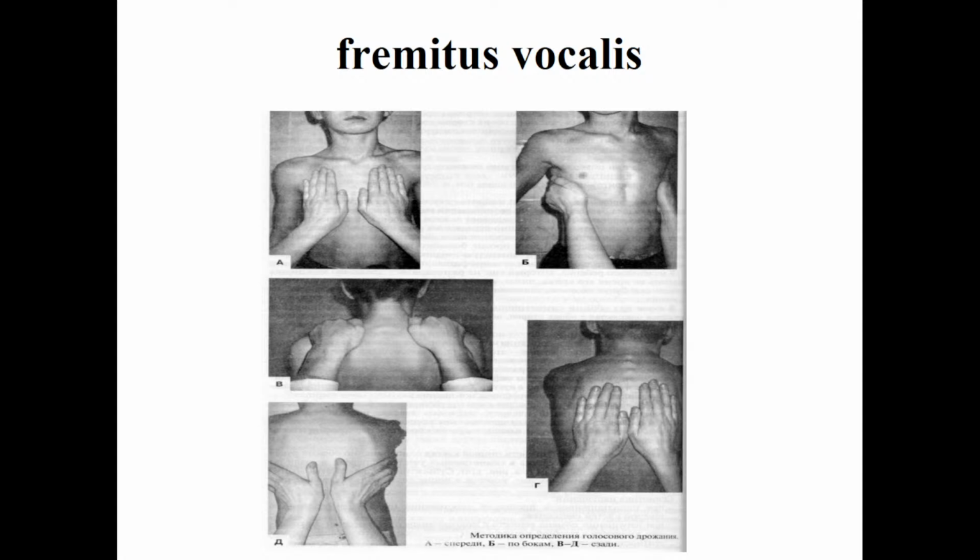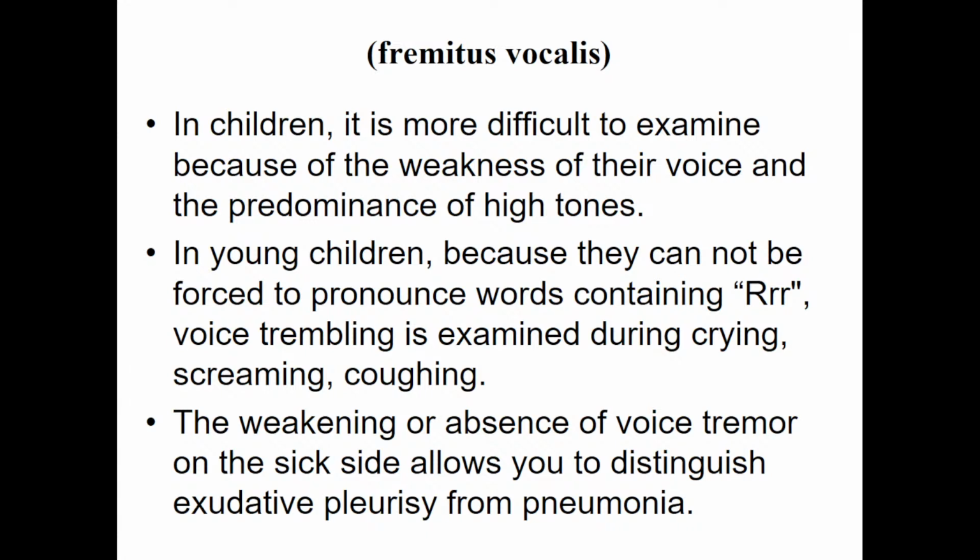To assess fremitus vocalis, we place hands on the chest, side and back, and ask the patient to say 33. We determine how clearly the sounds transmit through the body. In children, it is more difficult to perform this examination because of the weakness of their voice and the predominance of high tones.